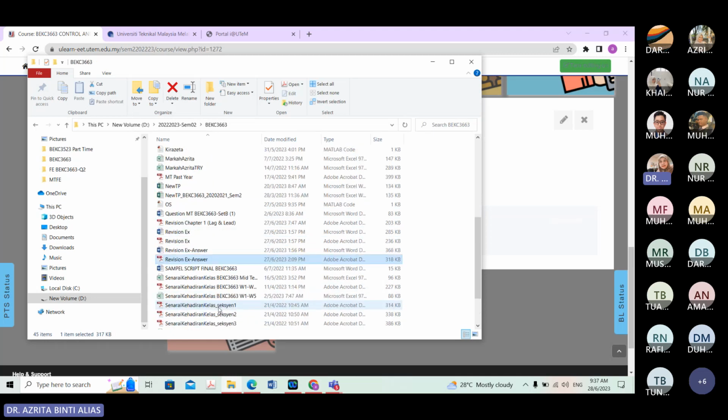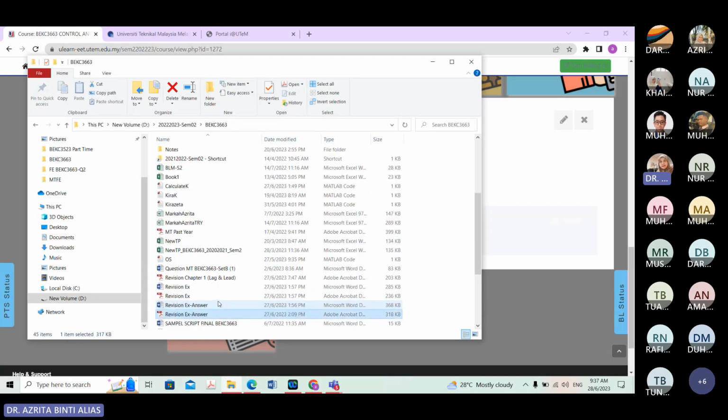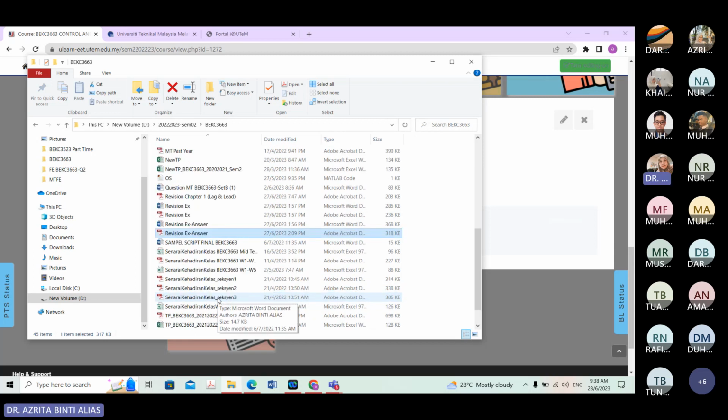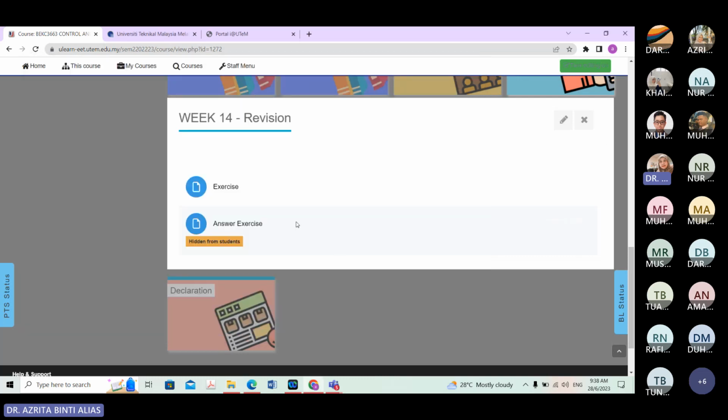So after this I will give you the appendix that will be attached in your final exam. So you can see which formula you need to memorize and which formula no need to memorize.